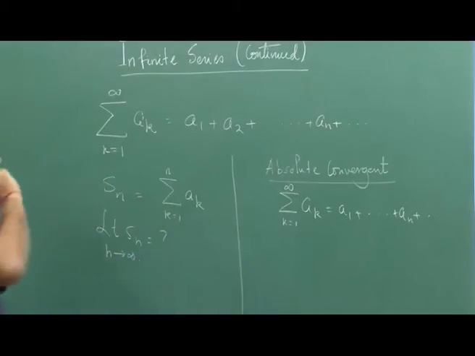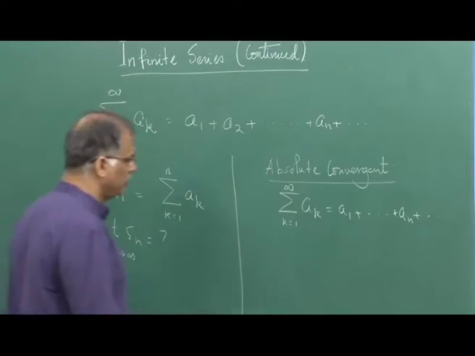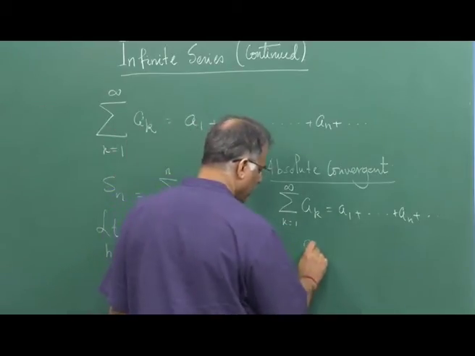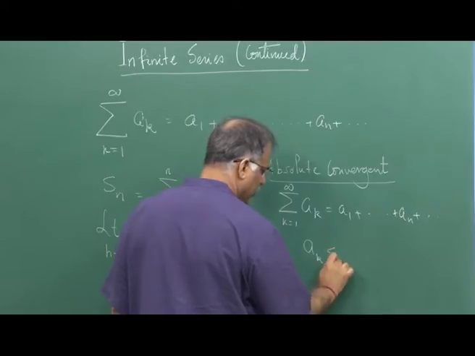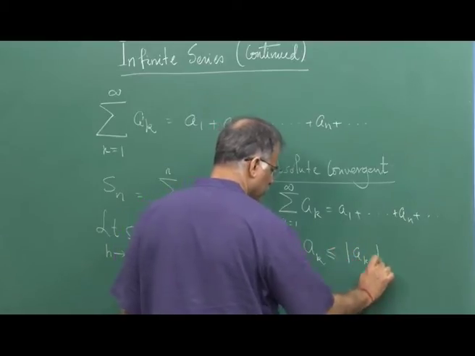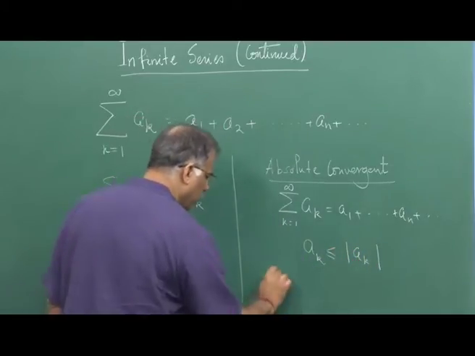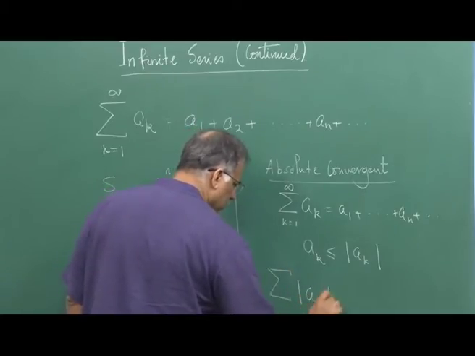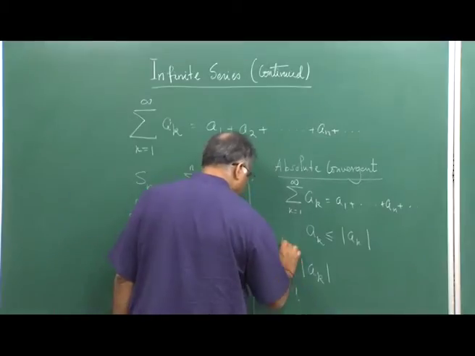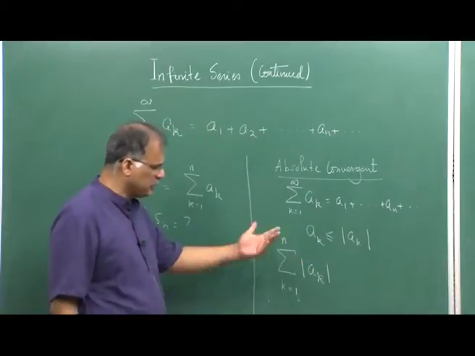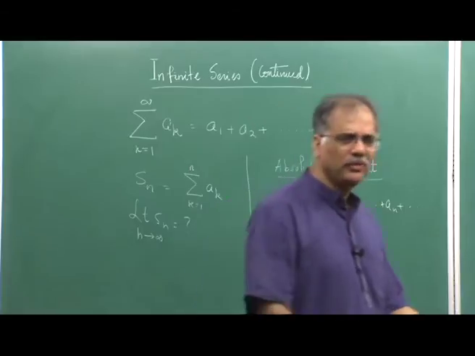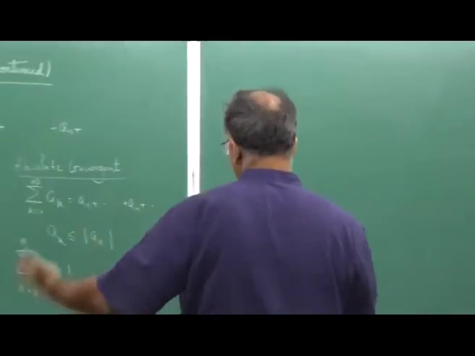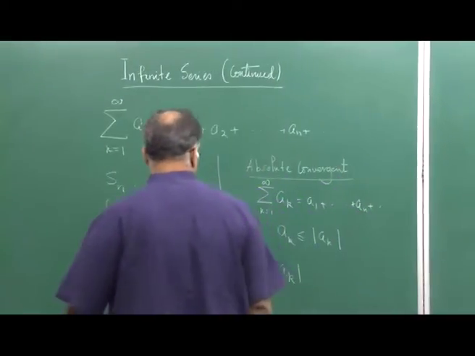Now what we ask is the following. You know that each a_k is less than or equal to the modulus of a_k. So then we try to look at this particular series. Now this is a series of non-negative terms, or positive terms if you want to call it, and we know how to find the sum of that, and we know some facts about this from yesterday's class.